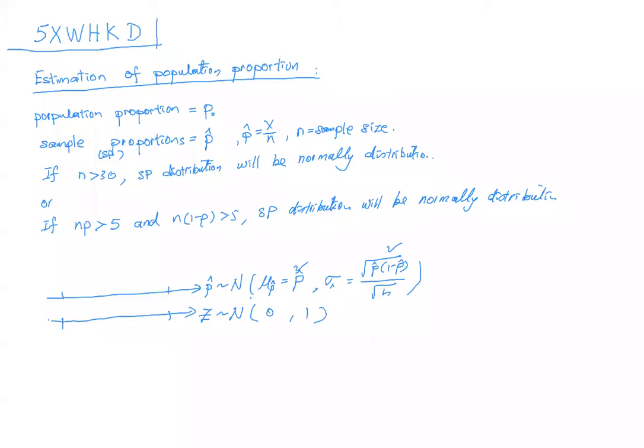So from here, we got this formula for the confidence interval. So we have here P hat plus or minus Z alpha over 2 times the square root of, since both are square roots, we combine them together.